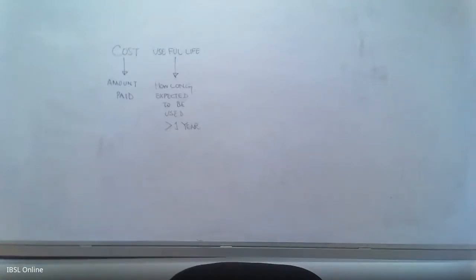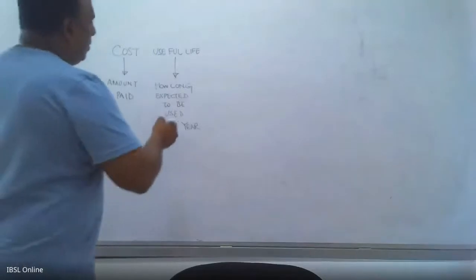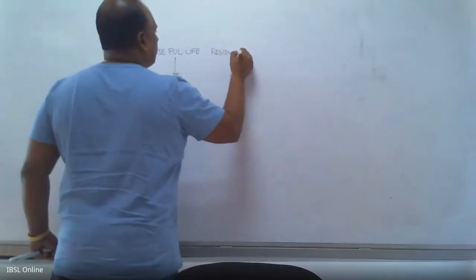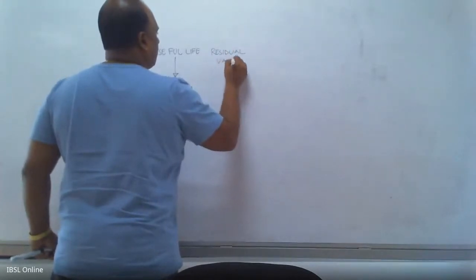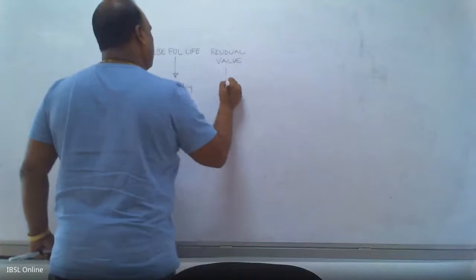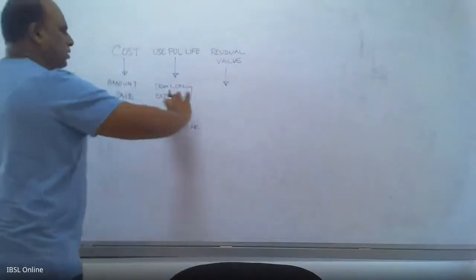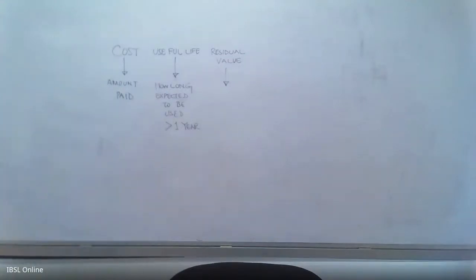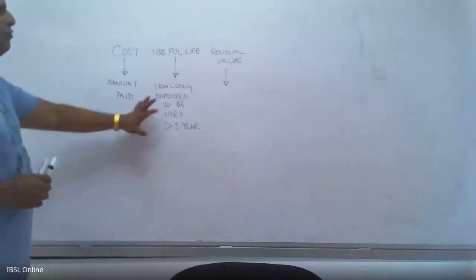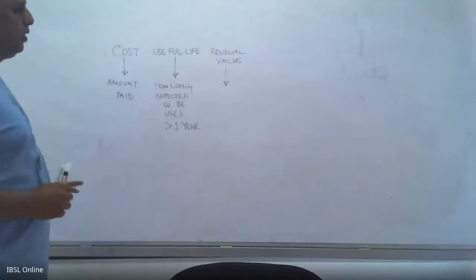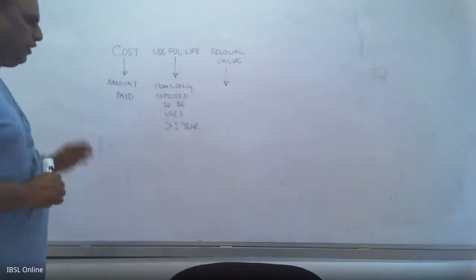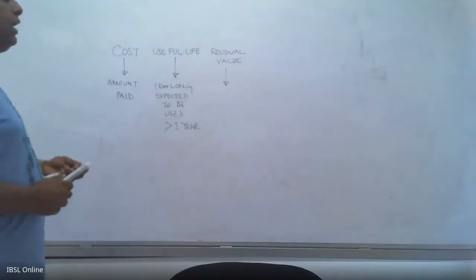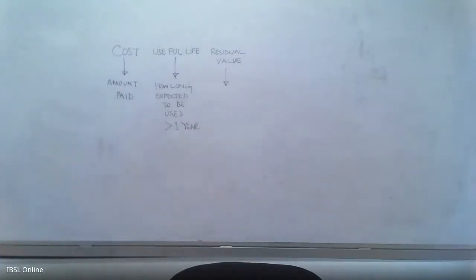Then we also said residual value. So we had the cost, we had the useful life, now we are talking about the residual value. Residual value is what? I'm going to use this asset for so many years. After using it, if I can sell it for some value, okay, that value will be the residual value.